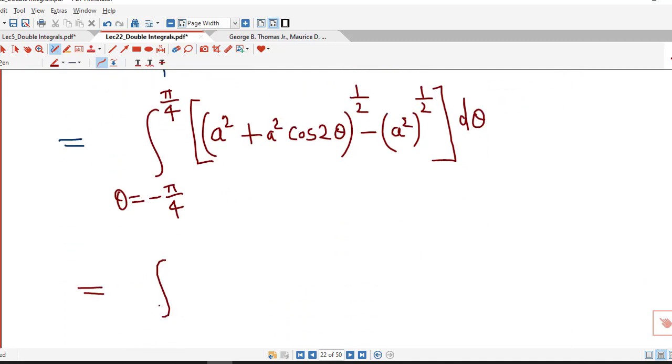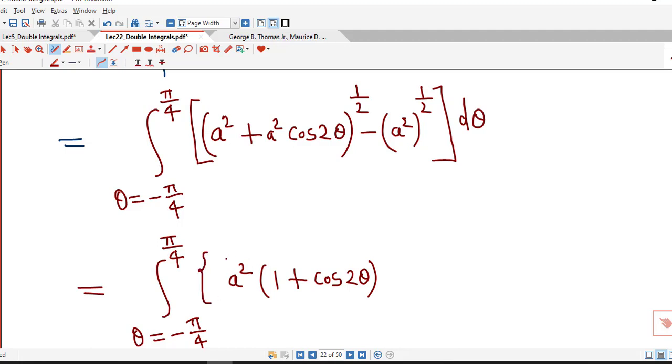So now we rewrite the inside function. Theta is from minus pi by 4 to pi by 4. Here we can take a square common, and we write one more step, a square times (1 plus cos 2 theta) raised to 1/2, and this is going to be a. So here we have to put a curly bracket.